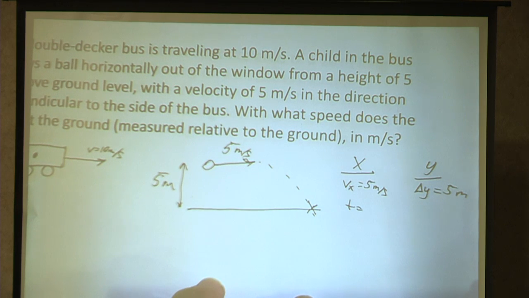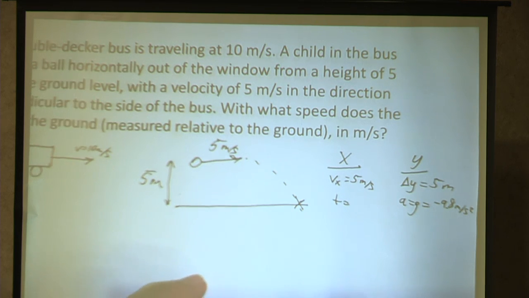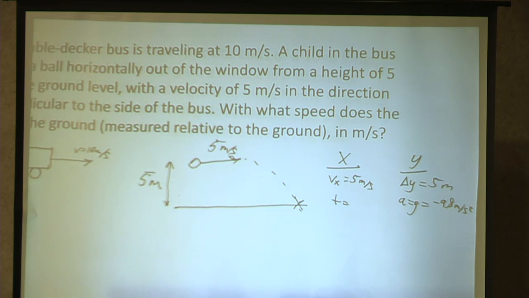We have an acceleration, which is always g for the most part in these kinds of problems, which is negative 9.8 meters per second squared. That's most of what we have right now.